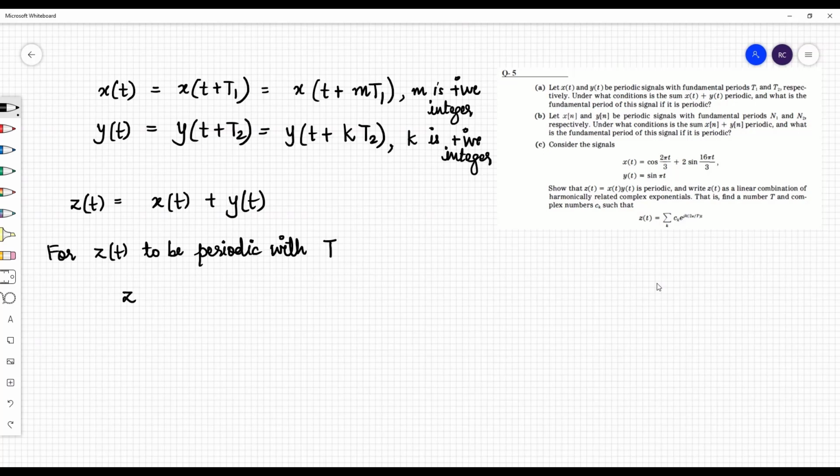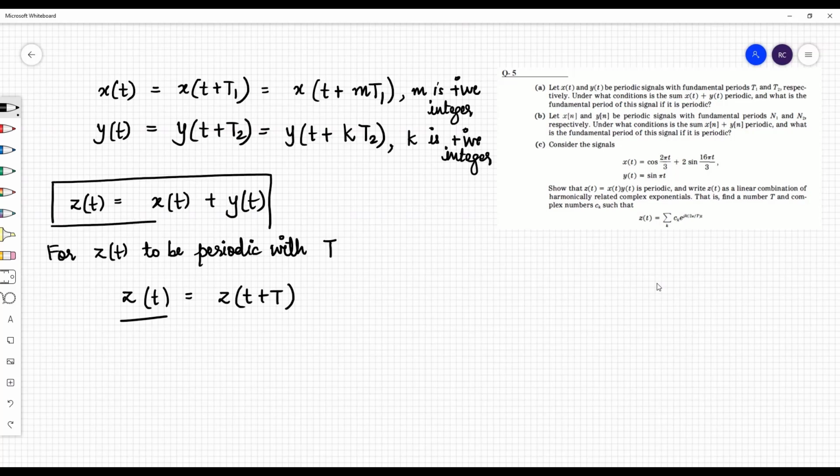So in that case, if zt is to be periodic with the period T, then z of t needs to be equal to z of t plus T, correct? Now, what is zt? Xt is the same as x of t plus mT1, and yt is the same as y of t plus kT2.